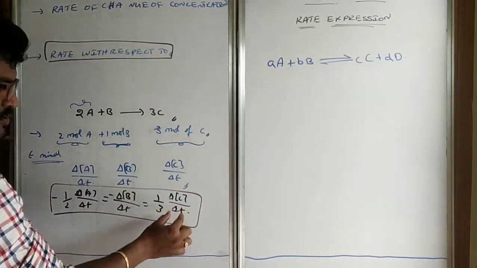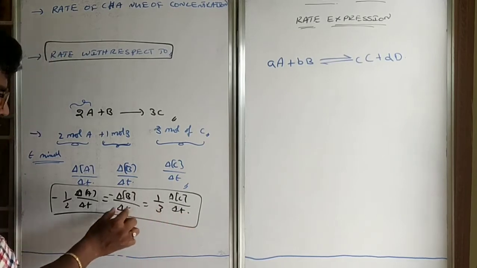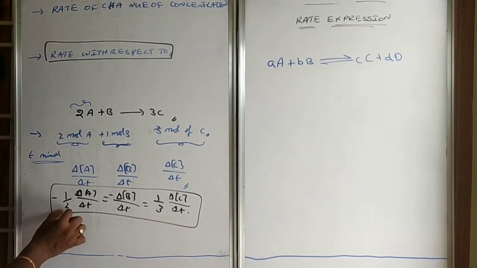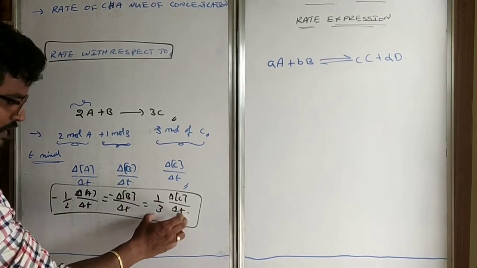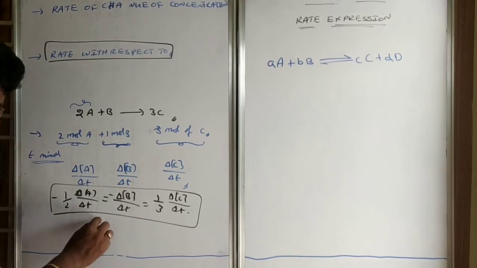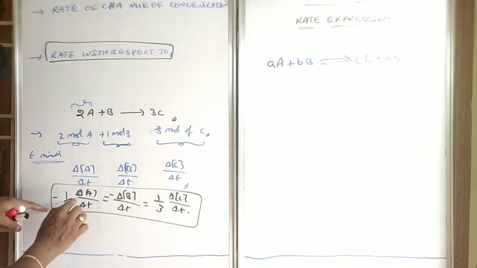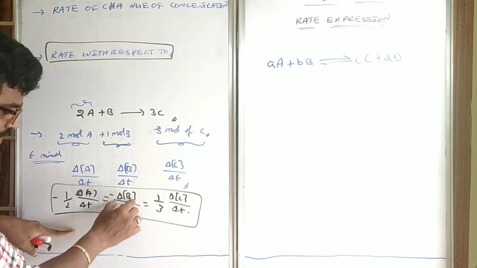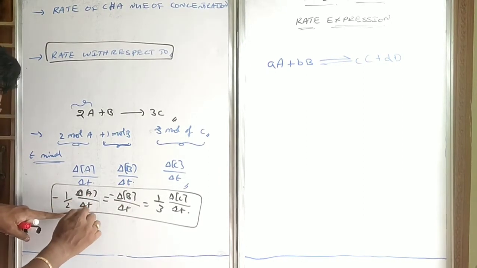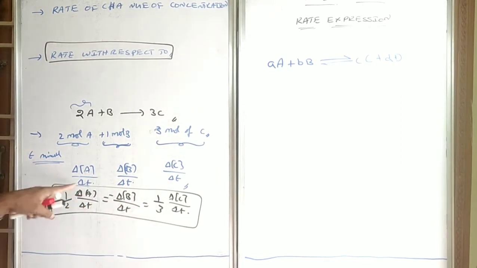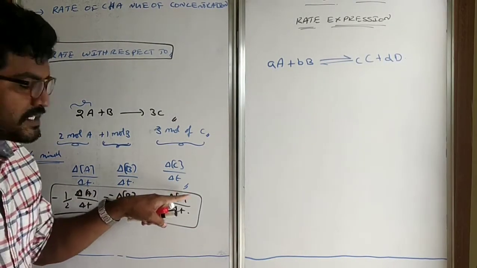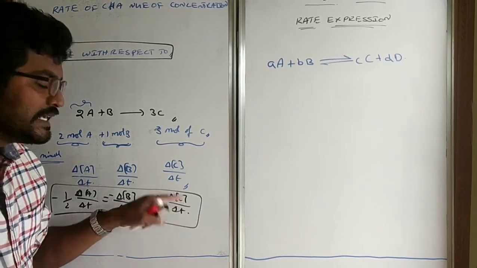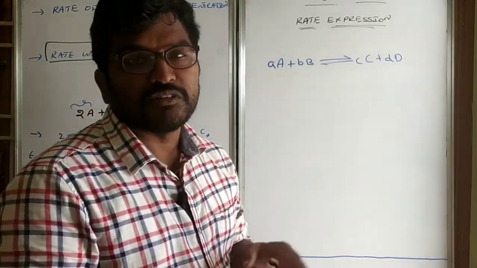So during formation of 1 mole of C, 1 mole of B is reacted and then 1 by 2 moles of A will be reacted. Like that we have to see. So half mole of A change in concentration equals 1 mole of B change in concentration equals 1 by 3 moles of C change in concentration.